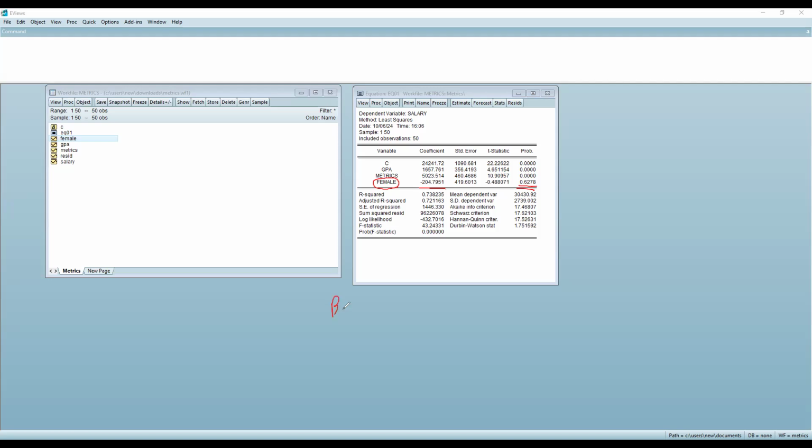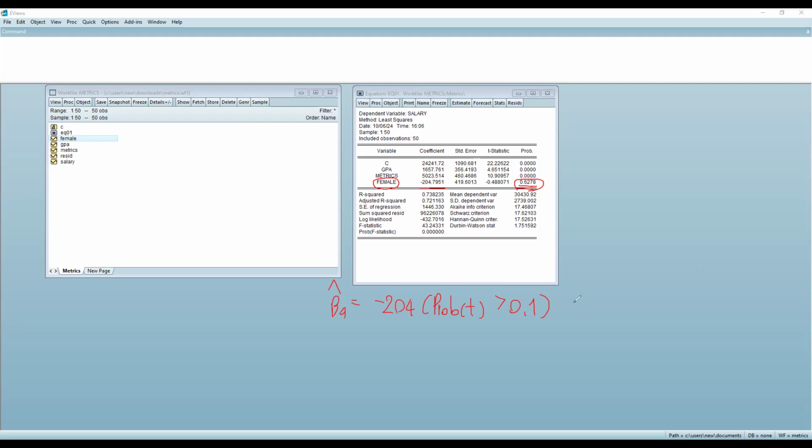So beta hat for female equals minus 204 again. So what does it mean? It is insignificant.